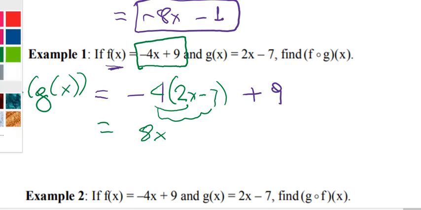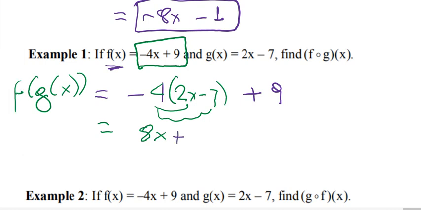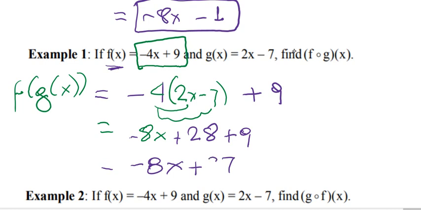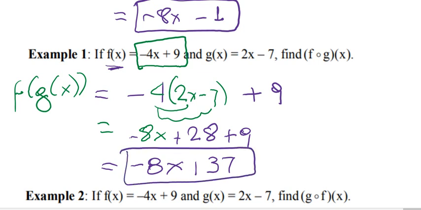The next one is minus 4 times minus 7 plus 28 and plus 9. So my answer is minus 8x plus 37. Okay, so this is the answer here.